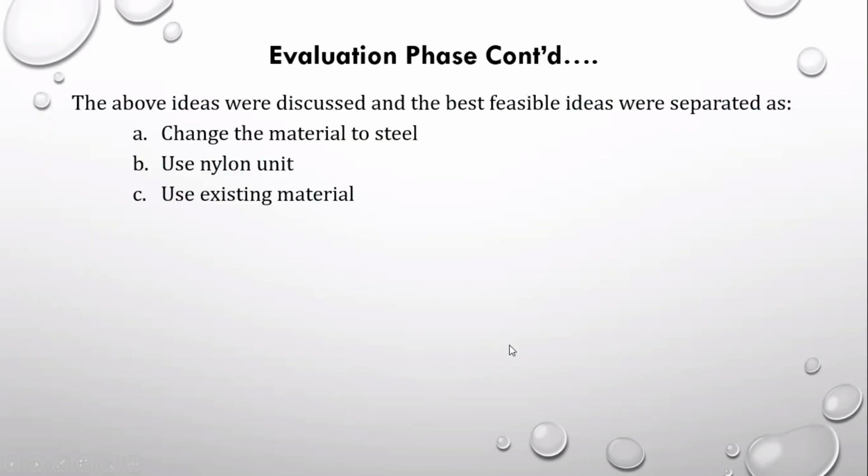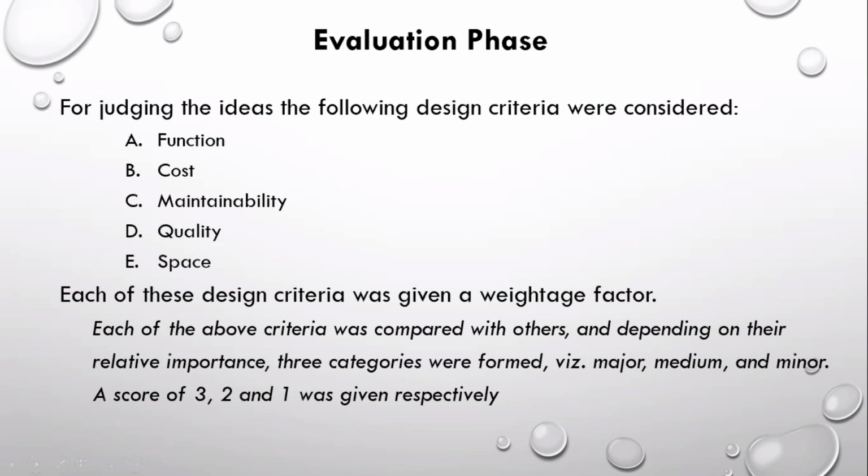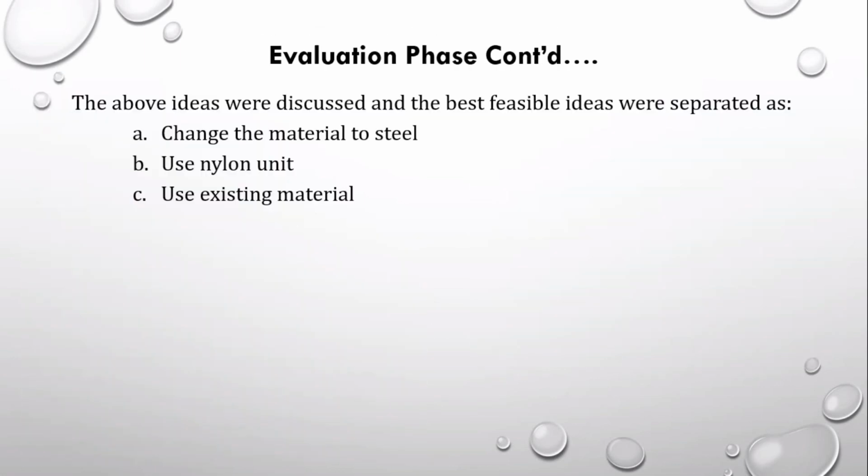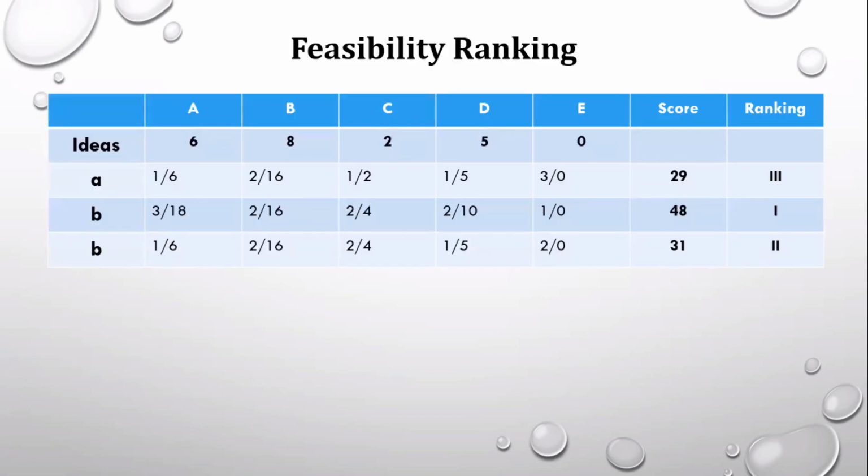So we discuss, and the best feasible ideas were separated. Out of the 6 we had, 3 have been chosen for further evaluation: change the material to steel, use nylon unit, use existing material. These 3 were considered, and we can assess these 3 ideas based on the 5 criteria.